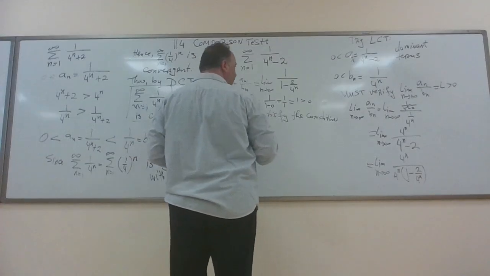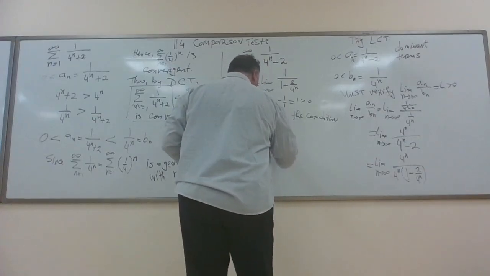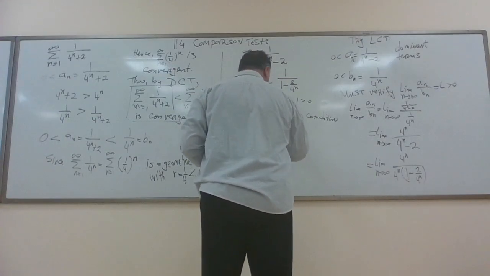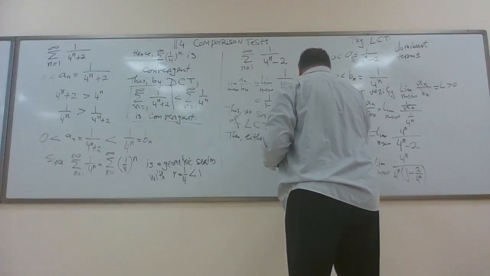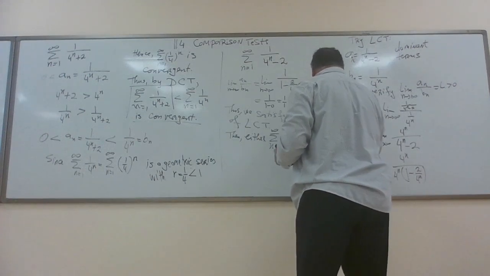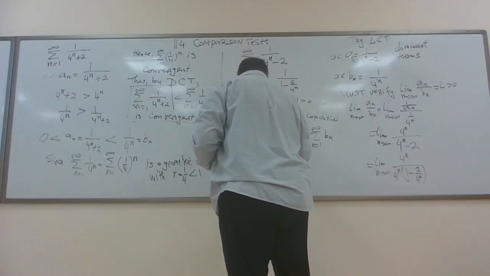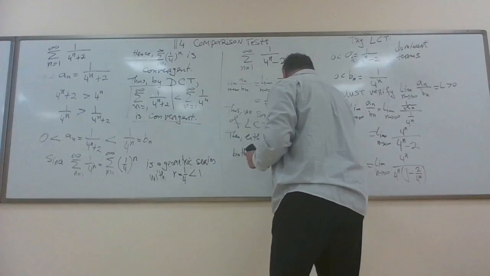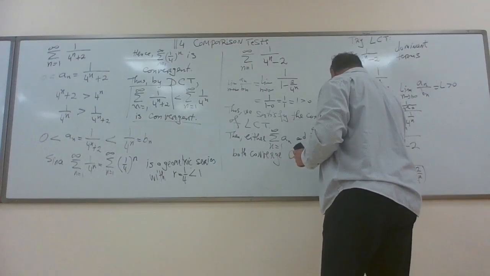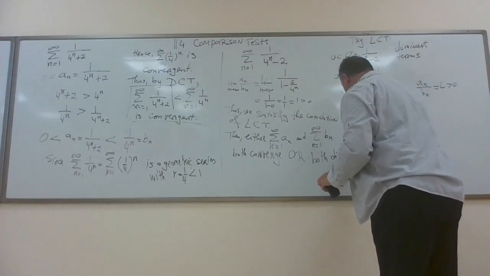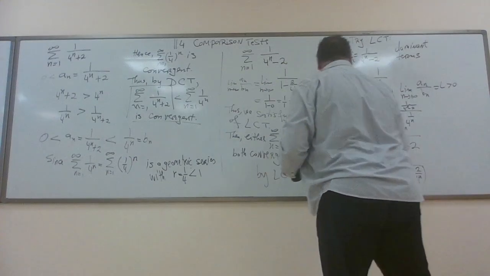Let me just write that: an and bn both converge or both diverge, by LCT. That's what it means.